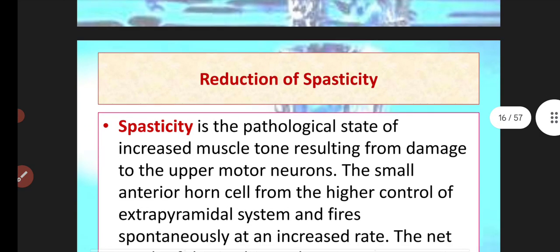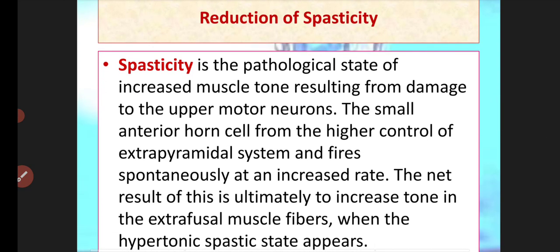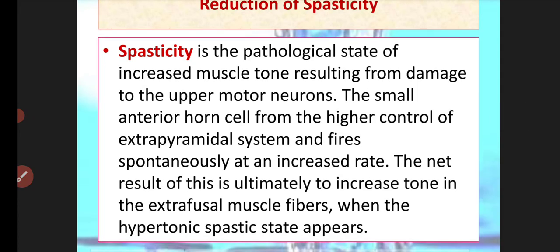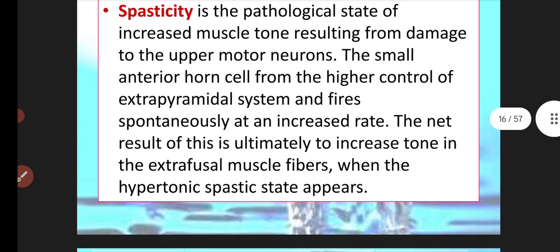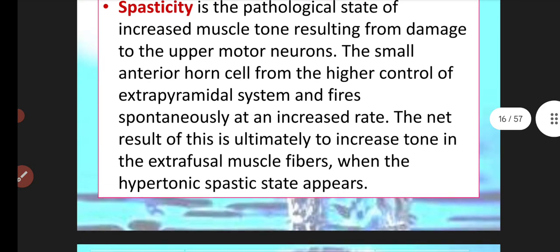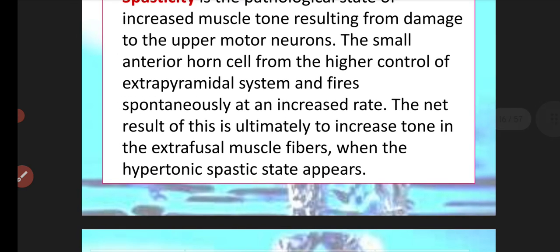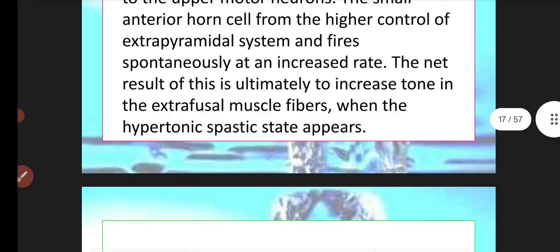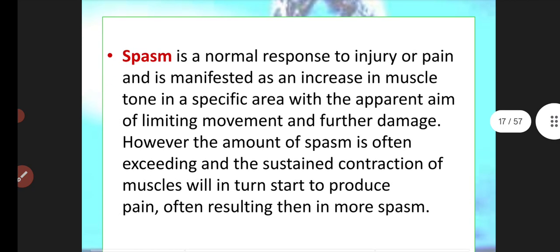And number 2 is the reduction of spasticity. What is spasticity? It is the pathological state of increased muscle tone resulting from damage to the upper motor neurons. The small anterior horn cell is released from the higher control of the extrapyramidal system and fires spontaneously at an increased rate. The net result is increased tone in the extrafusal muscle fiber, and the hypertonic spastic state appears. And what is spasm?